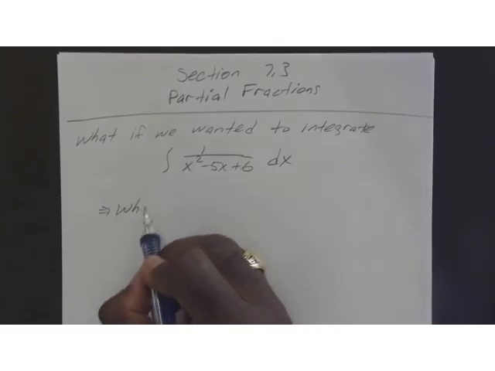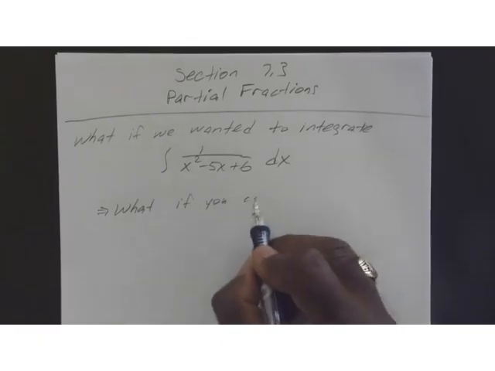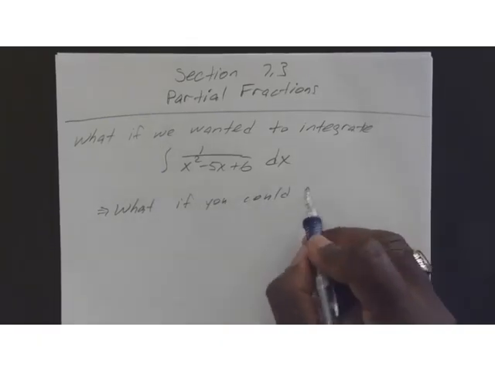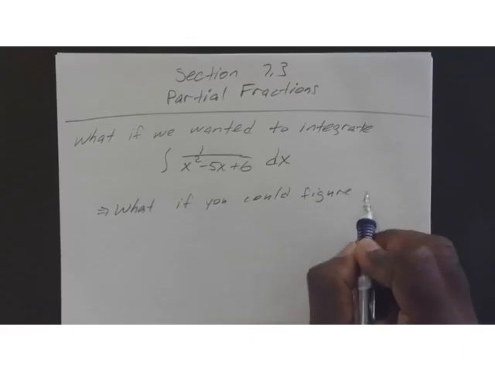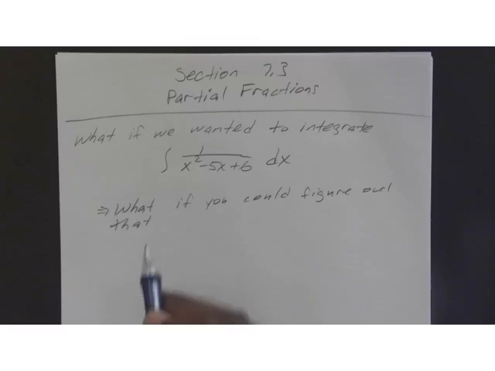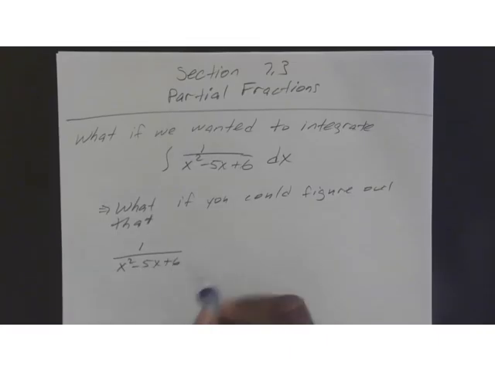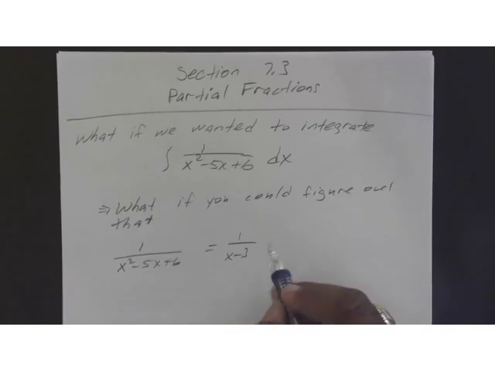So what if you could figure out that 1 divided by x squared minus 5x plus 6 is equal to 1 divided by x minus 3 minus 1 divided by x minus 2?